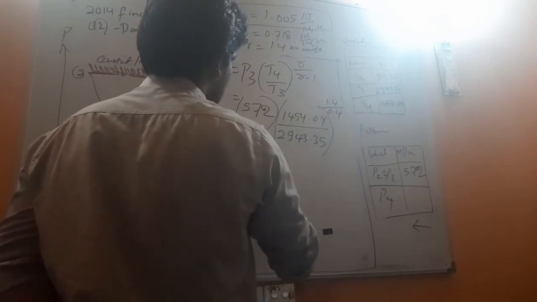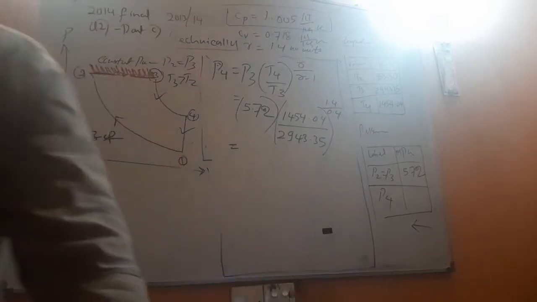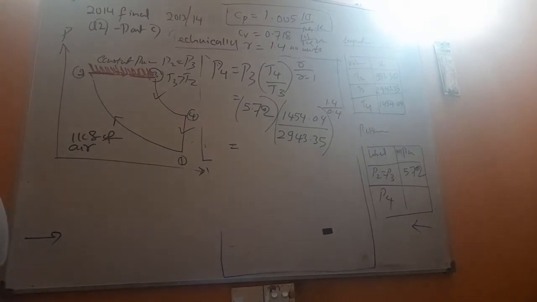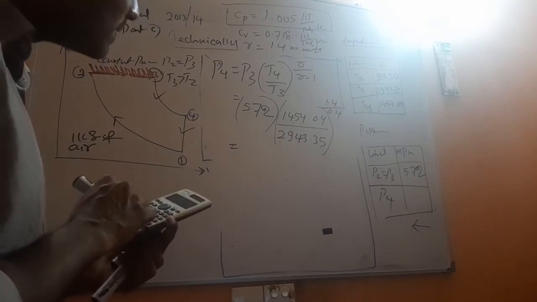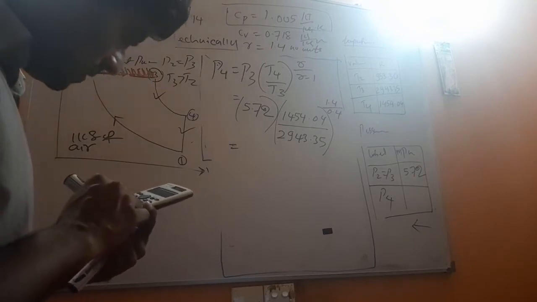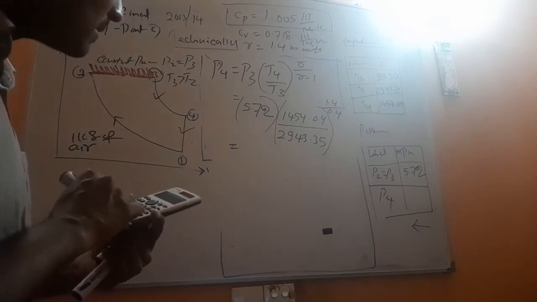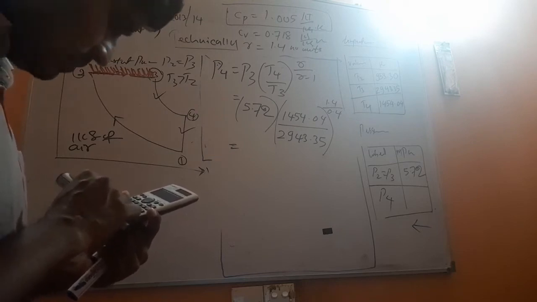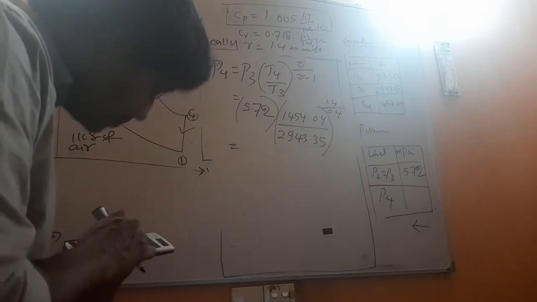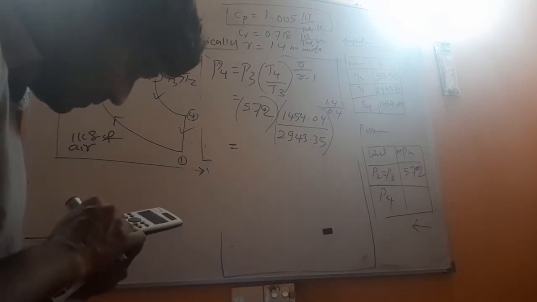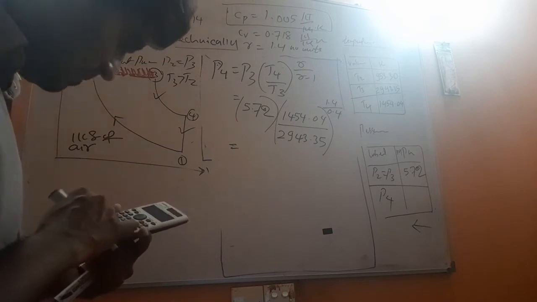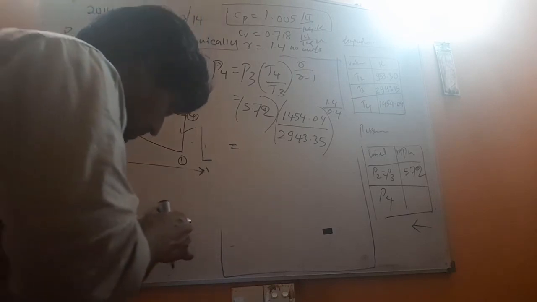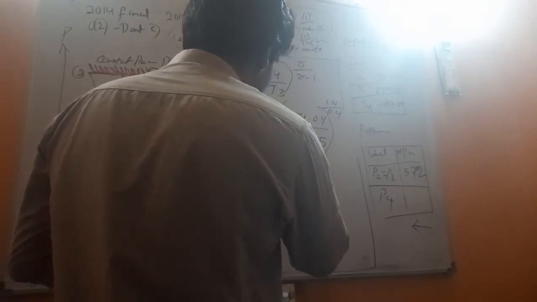So what is the answer? Quickly, let's get the answer. 1454.04 divided by 2943.35 to the power 1.4 divided by 0.4, and that multiplied by 5.72. What is the answer? 0.48 megapascals.